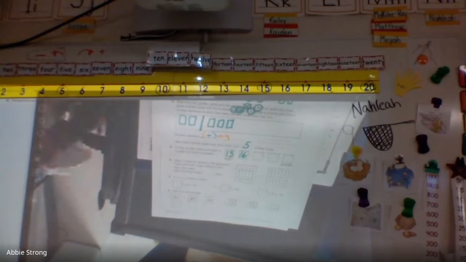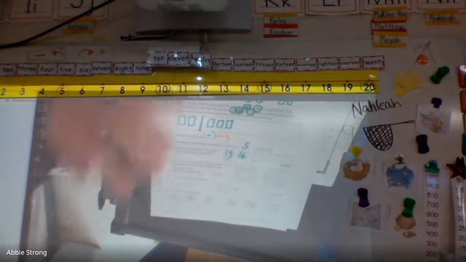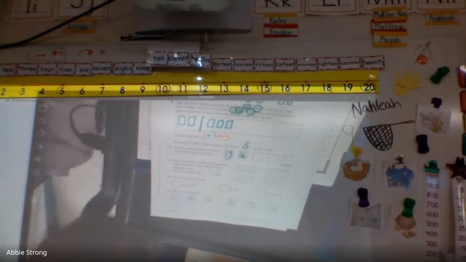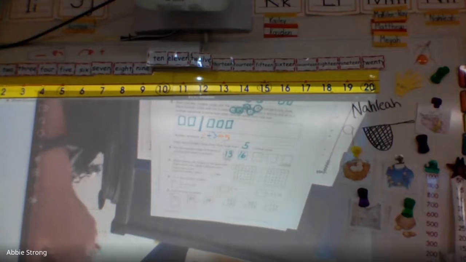All right, we have 3 left. What number is the next biggest number? We have 25, 42, or 21. I have 21 up there. I have 25 up there. 42 would be way over here. What number comes next?